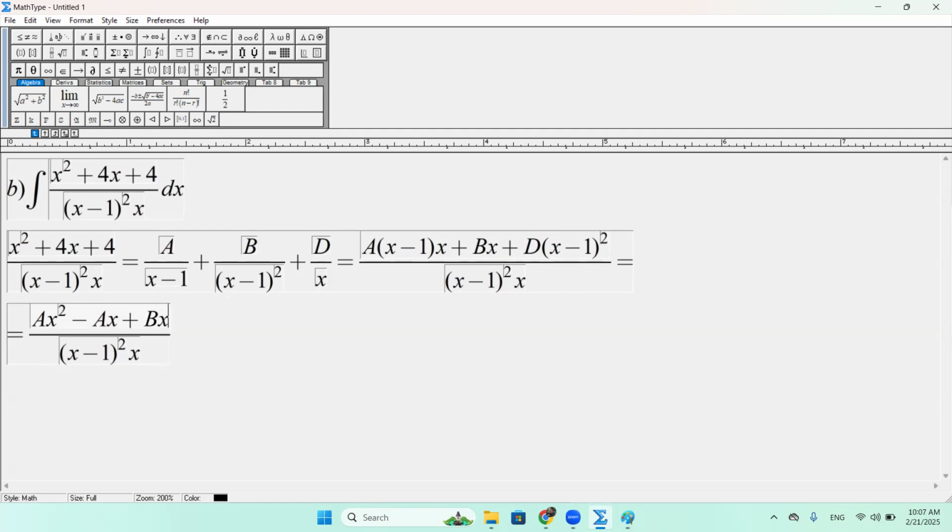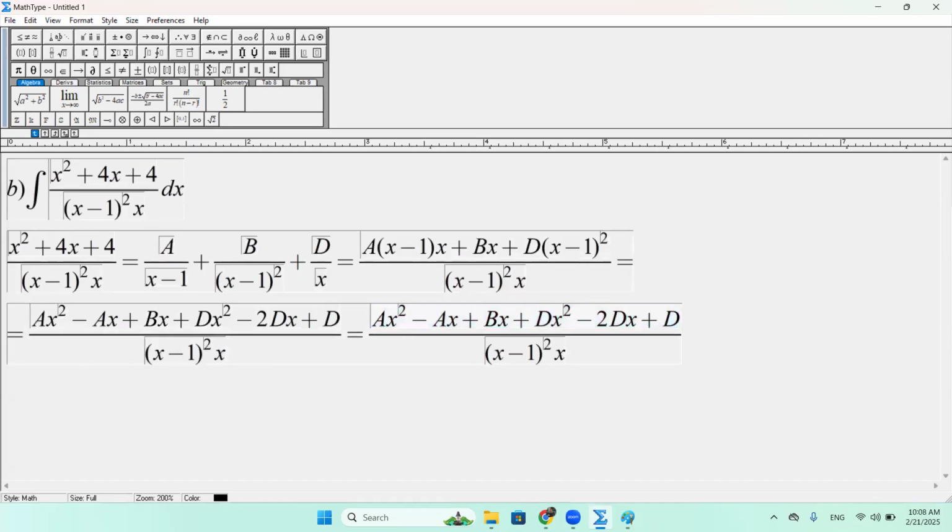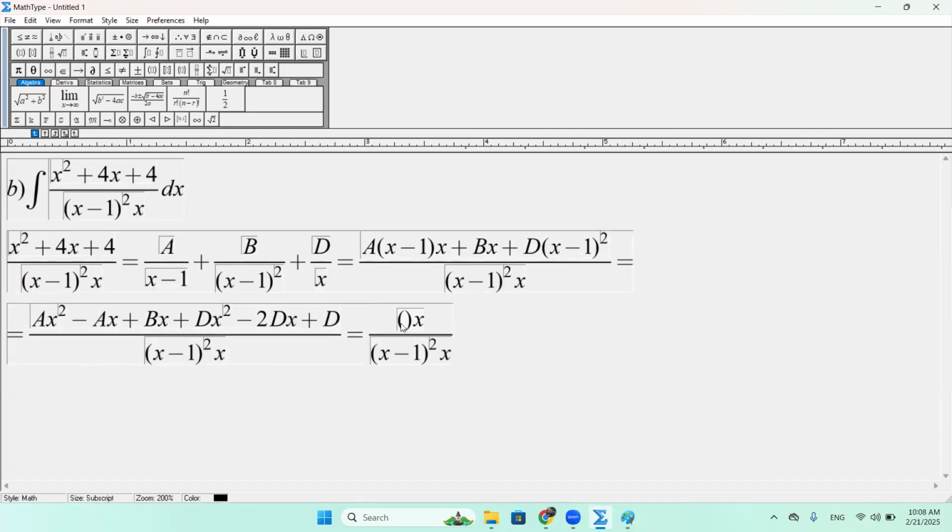Okay, moving next. Plus bx plus dx squared minus 2dx and plus d. And now let's regroup as well. So for x squared, a plus d.